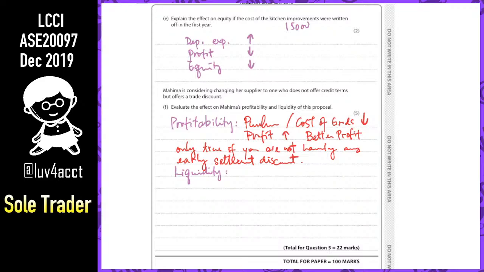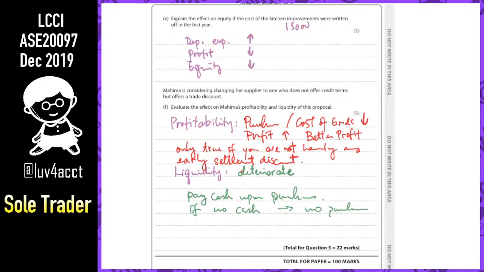But then for liquidity, it will deteriorate. Why? Because you have to pay cash upon purchases. That means if you have no cash, then you have no purchases.